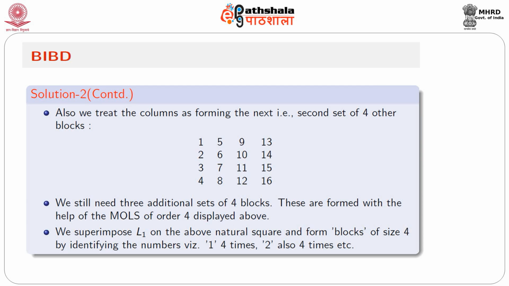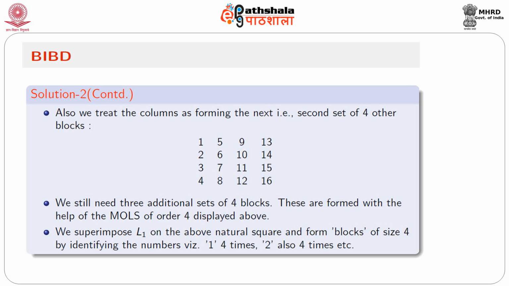We treat the rows of this square as forming the first set of 4 blocks. In the BIBD we are referring to, there are altogether 20 blocks involving 16 treatments, and the block size is 4, so every block will have size 4.